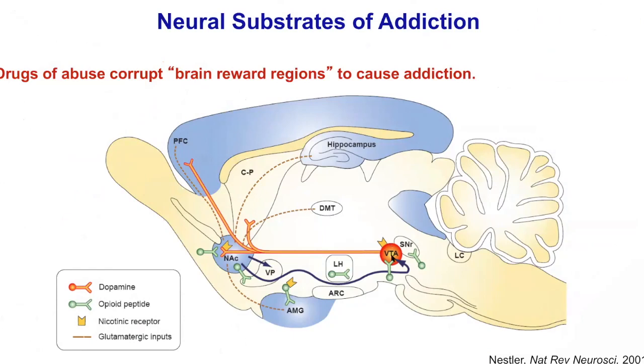The focus is on dopaminergic neurons in the ventral midbrain, the ventral tegmental area, and the forebrain projections of these nerve cells to many limbic regions. I'll focus on the nucleus accumbens, but also very important are other regions like prefrontal cortex, hippocampus, amygdala, among many others.